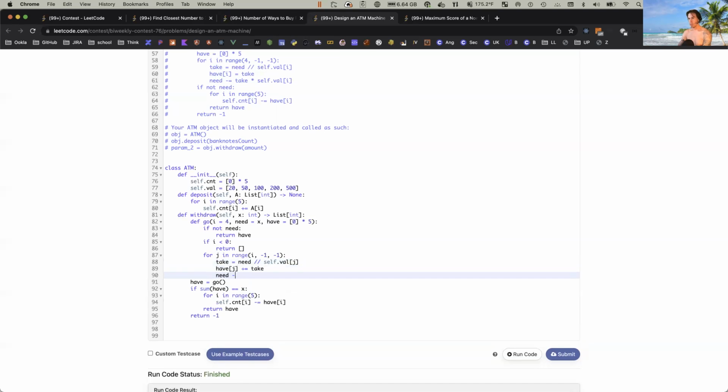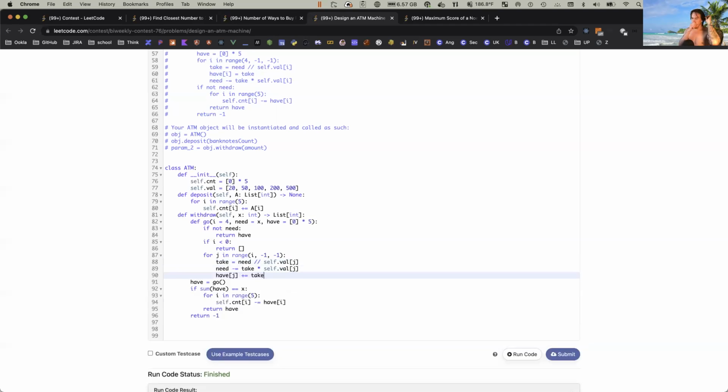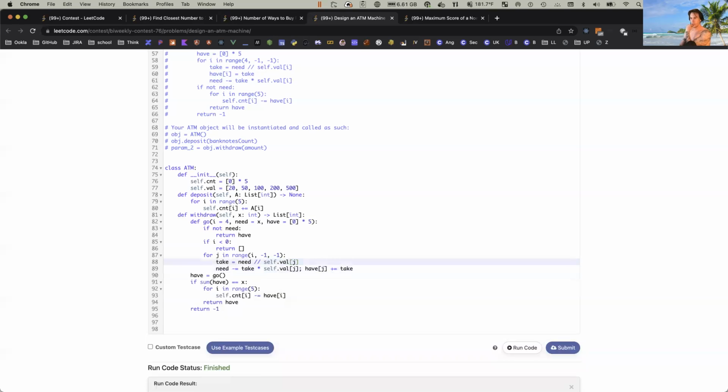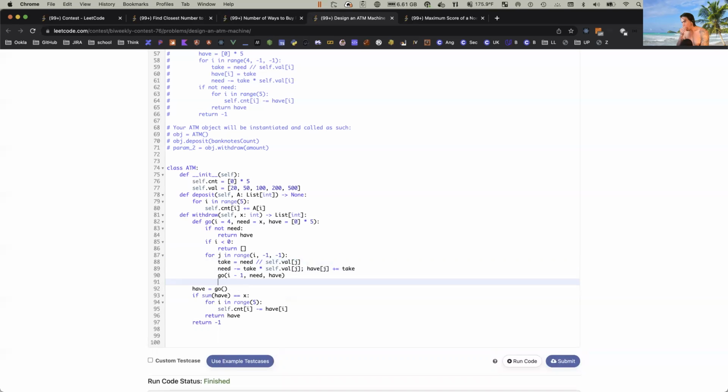Need minus equals take times self.value sub j. Backtrack.